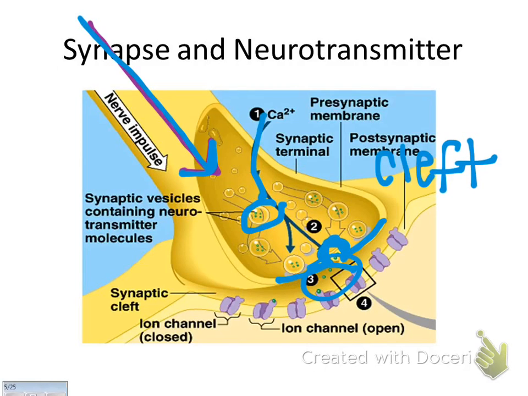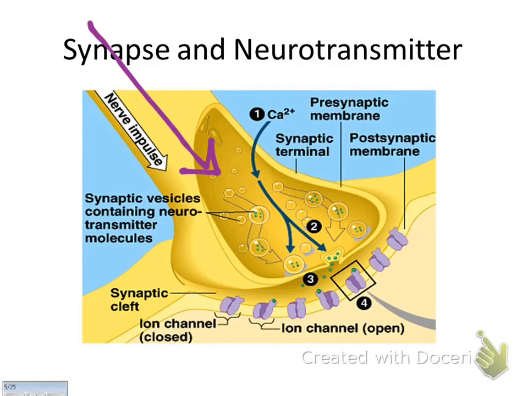It's just the gap, the cleft. So the neurotransmitter is now in the cleft. Look, you see the little green particles right there? Now in the gap. Y'all good? Okay, now I'm going to go to another picture right quick.